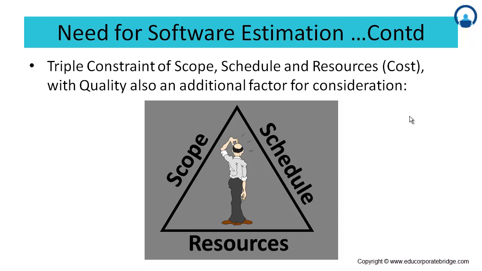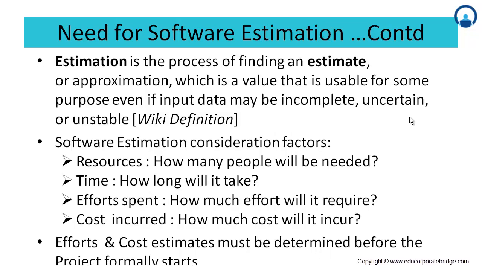So ultimately you need to tie all three, the scope, schedule and the resources together, so that, as we have seen in the earlier slide, the agreed functionalities are delivered to the client on time, as per the agreed cost and with proper quality. So what is the definition of estimation?